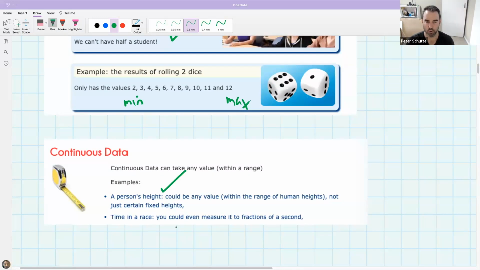If you watch Formula 1, they go to thousandths of a second, or in a 100-meter race, you go to hundredths of a second. So this is an example of continuous data. Give me a thumbs up if the basic idea of the difference between continuous and discrete data makes sense to you. Thumbs down if it feels very odd still.